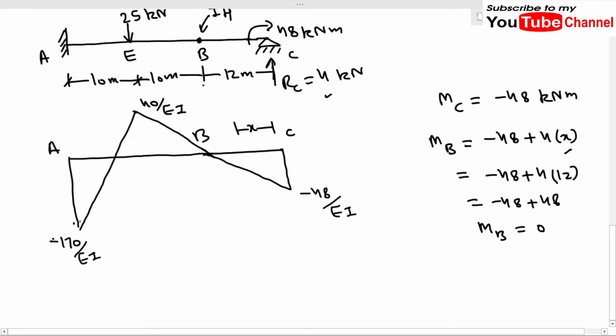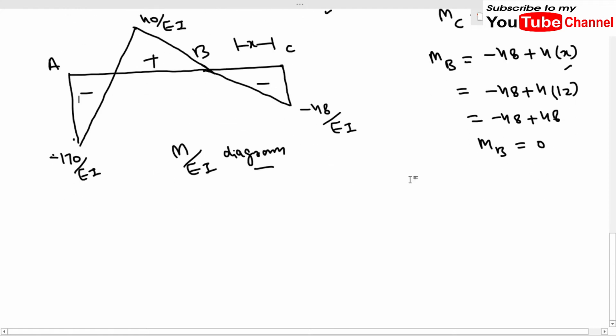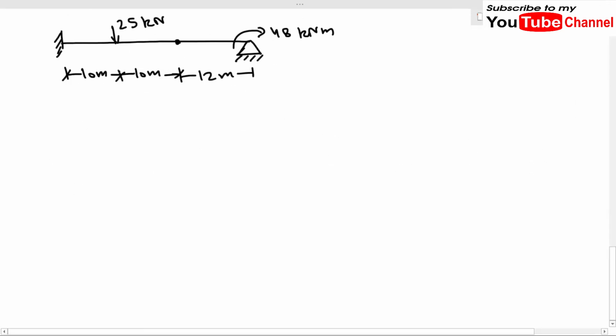So this is the shape of our BMD or M by EI diagram. Now this is minus, this is positive, this is again minus. In this way you can draw the bending moment diagram, or M by EI diagram, for this beam.